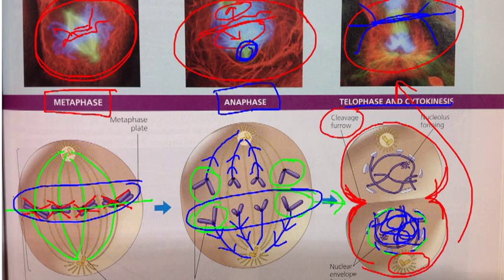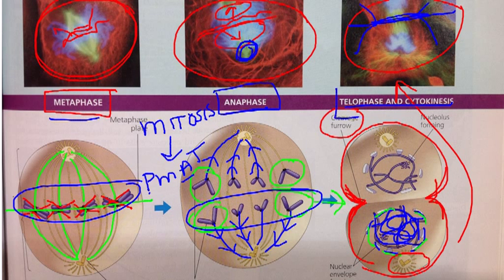So that's the final stages of mitosis. So again, the stages of mitosis are PMAT: prophase, metaphase, anaphase, and telophase. Okay, hopefully this has been helpful.